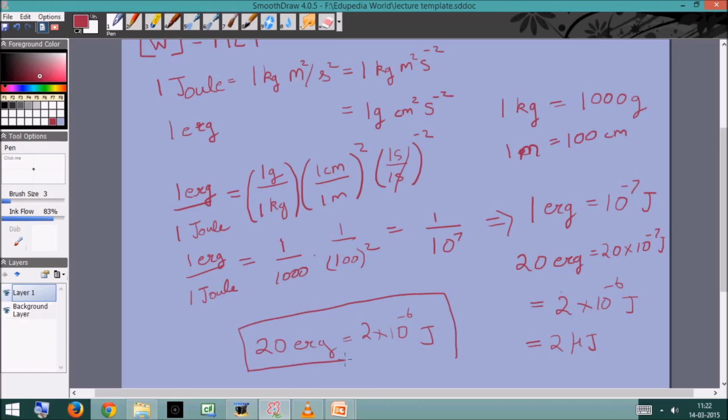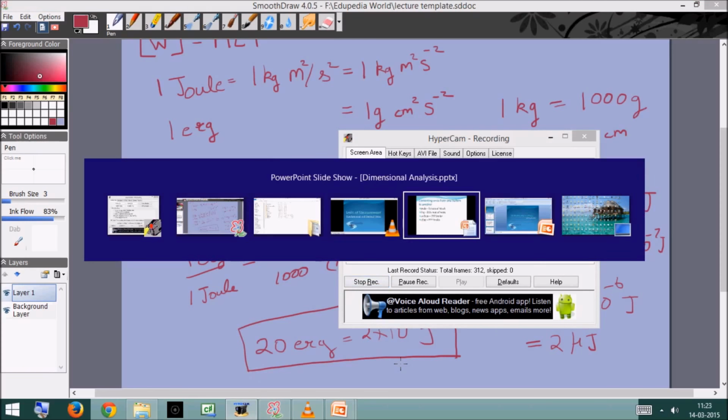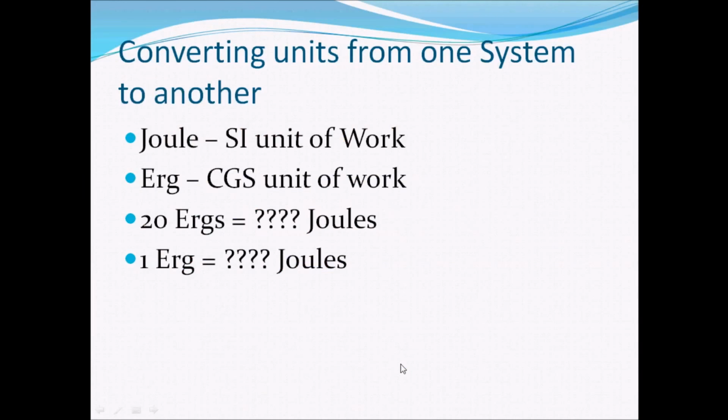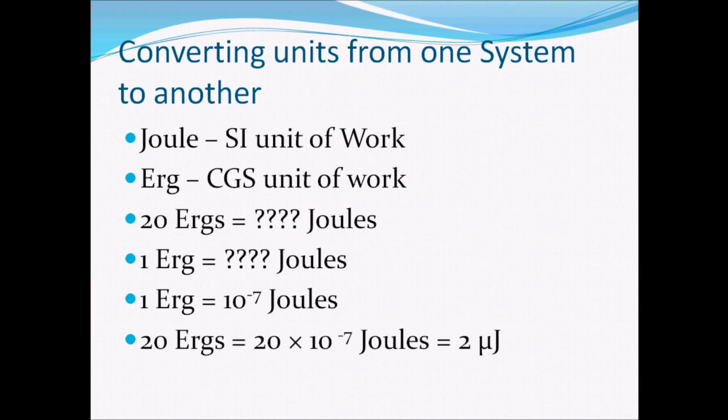So this is the way you generally have to proceed when you have to calculate between different systems of units. So we found out that 1 erg is 10 to the power minus 7 joules, so 20 ergs is 2 microjoules.